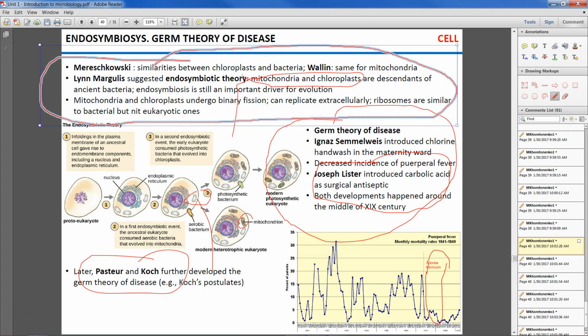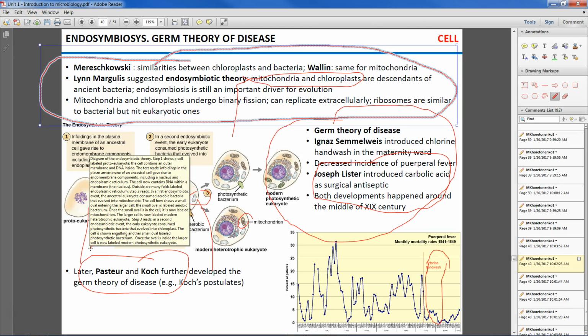Mitochondria was an aerobic bacteria with the capacity for oxidative respiration. They got internalized by the first primitive proto-eukaryotic cells. Okay, they got internalized, and they provided evolutionary advantages to those eukaryotes.